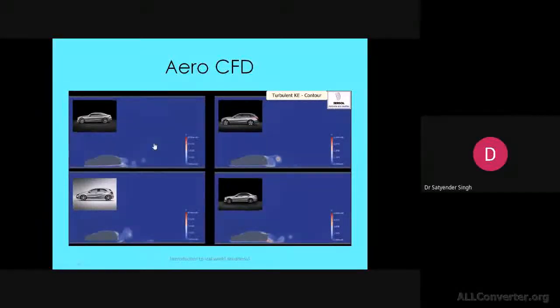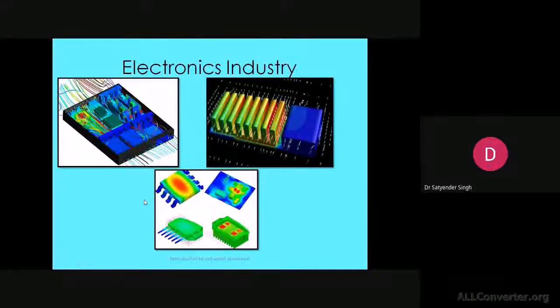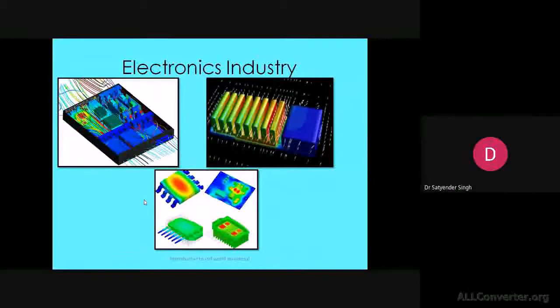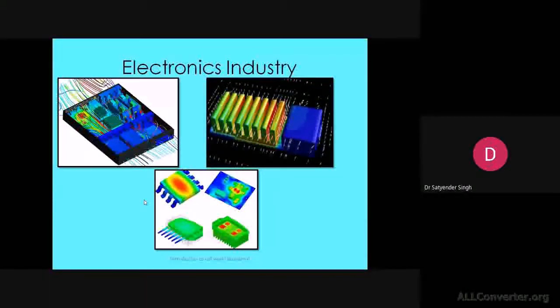Here I'm showing you the animation for different pictures of the car, and you can see we can identify by using CFD tools how much drag reduction there will be for this particular aerodynamics of the vehicle. Not limited to these fields, it is fully applicable at present in the electronic industries, where we have various single designs and microchips that have to be cooled because there is a huge generation of heat in the circuits.